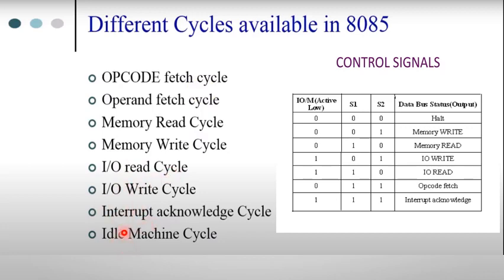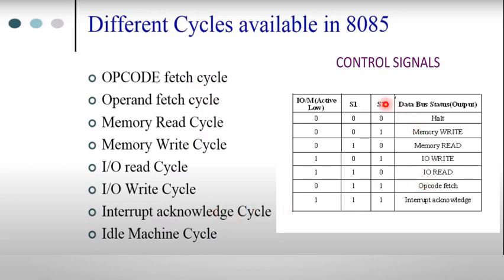The microprocessor's external communication functions can be divided into three categories: memory read/write operation, IO read/write operation, and interrupt request acknowledge operation.